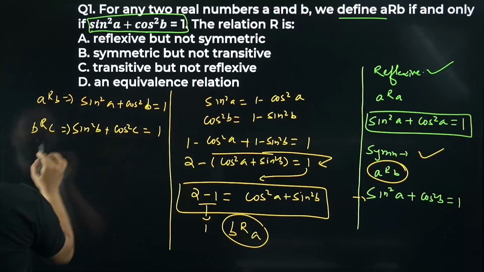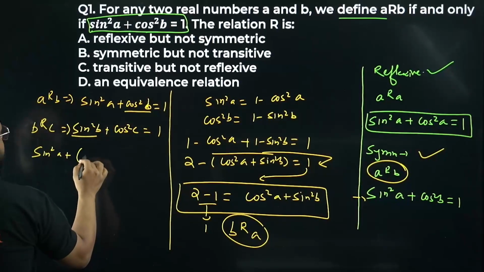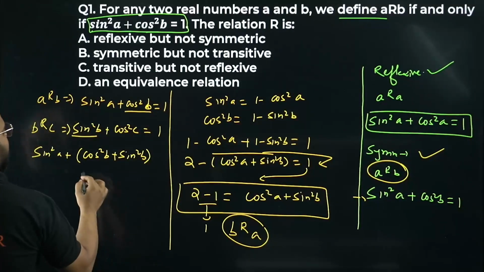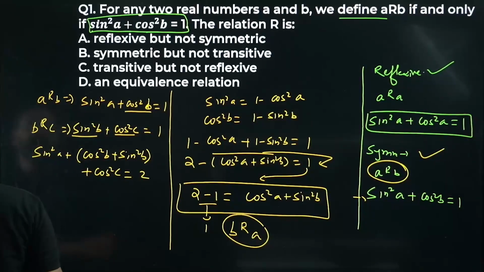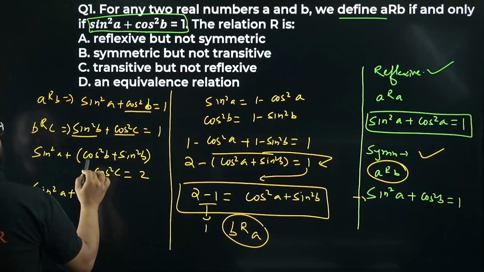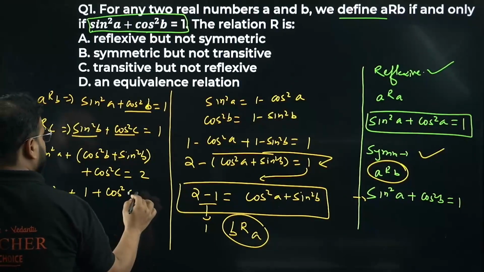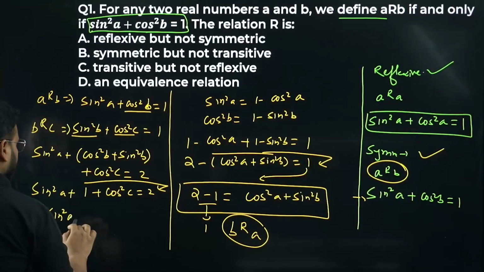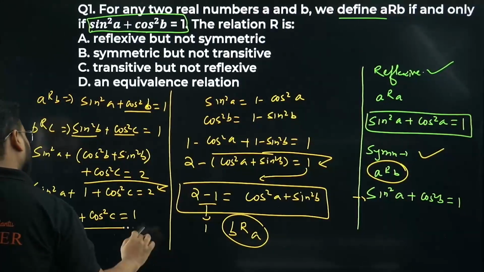It becomes sin square A plus cos square B plus sin square B plus cos square C equals 1 plus 1, so 2. Sin square A remains as it is, cos square B plus sin square B is 1 by the identity, and cos square C stays. So sin square A plus 1 plus cos square C equals 2. Bring this 1 on the other side: sin square A plus cos square C equals 2 minus 1, so simply 1. This is my answer.